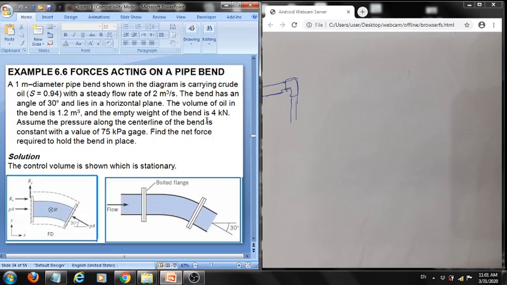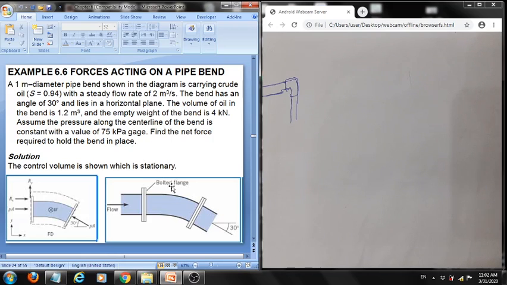The empty weight of the bend is 4 كيلو نيوتن، يعني كمان هذا لحاله وزنه اللي هو 4 كيلو نيوتن. طيب assume that the pressure along the center line of the bend is constant، يعني إنه the pressure along the center line does not vary and it remains 75 kilopascal gauge. المطلوب find the net force required to hold the bend in place.